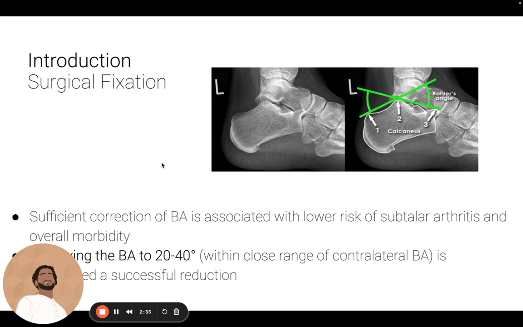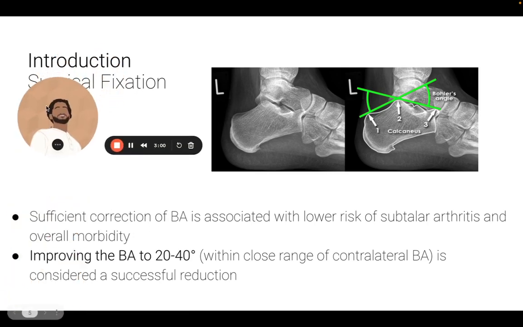As I said earlier, using Bohler's angle as a marker for successful reduction has traditionally been seen in the literature to be associated with a lower risk of subtalar arthritis and overall morbidity and better functional outcomes after fixation for calcaneus fractures.